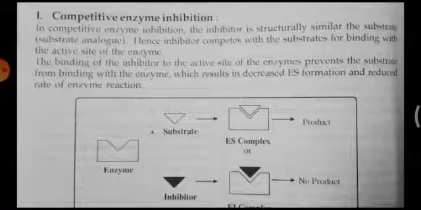If you see in the diagram the enzyme, and the shape of the substrate above, which is white in color and triangular in shape, and the inhibitor below, which is also triangular in shape but black in color. Both have the same shape, and hence it is written in the first line of the paragraph that the inhibitor is structurally similar to the substrate.